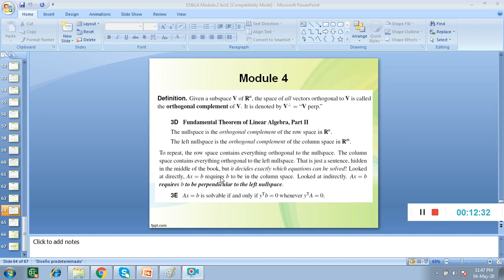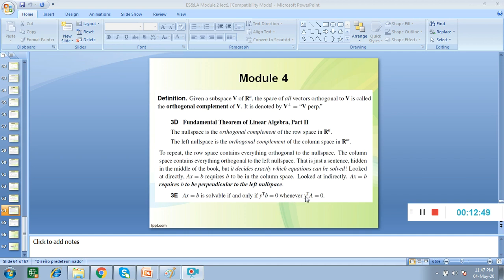For Ax equal to b, it requires b to be perpendicular to the left null space. Ax equal to b is solvable if and only if y transpose b is equal to 0.